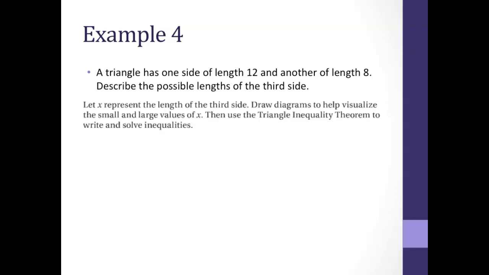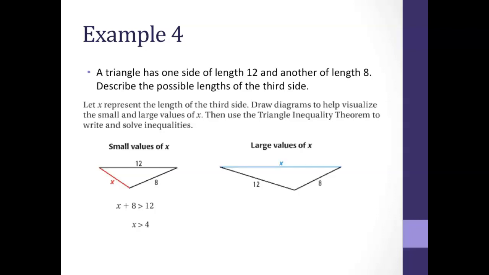Let's say that 12 and 8 are the larger ones given, so 12 is the longest side. Then x plus 8 has to be greater than 12, so x has to be greater than 4. On the other hand, let's say x was the longest side.